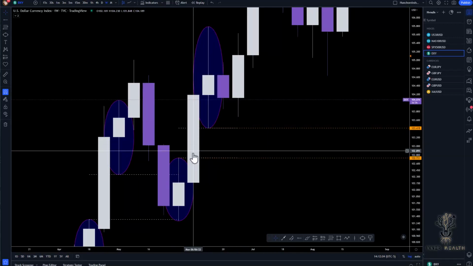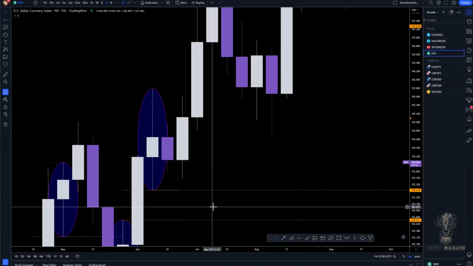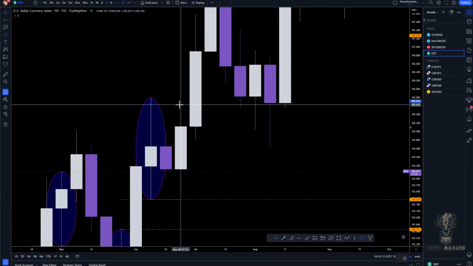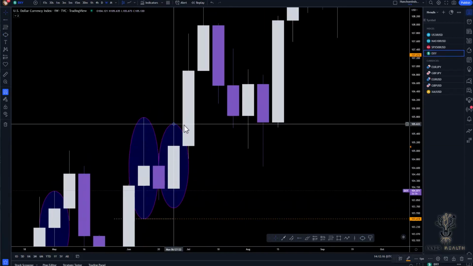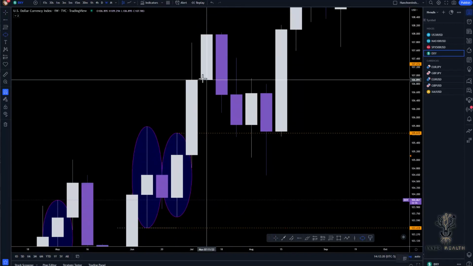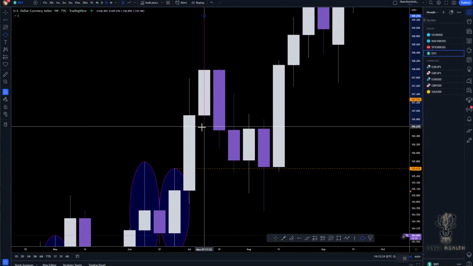It's another imbalance that was left behind. Okay, one more example. The high of that first candle number one. Then we have the second candle that creates the imbalance itself. Then you have the third candle.